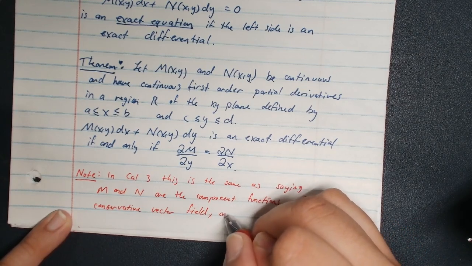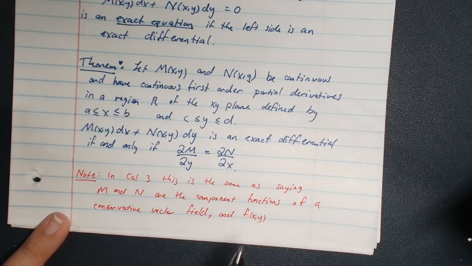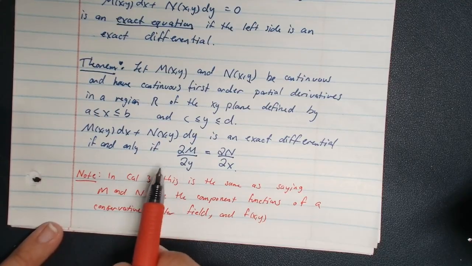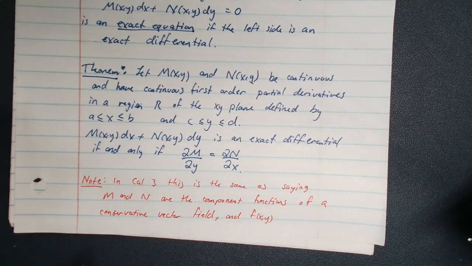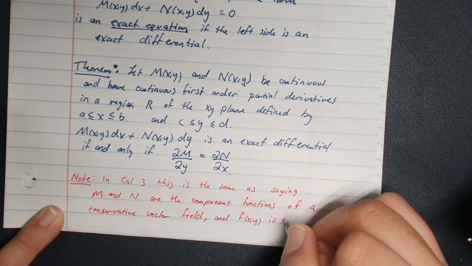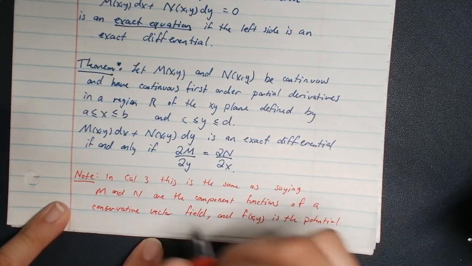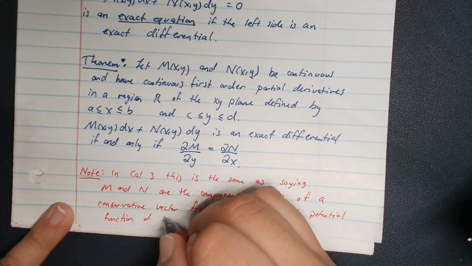And that function little f of xy, whose differential is that exact differential with m and n as its terms, is the potential function of that conservative vector field.